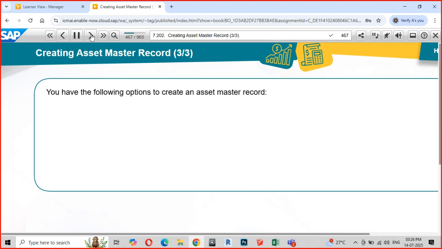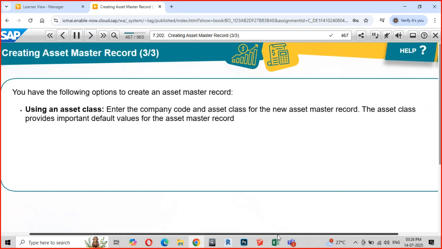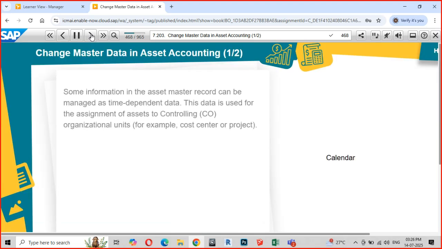It is advisable that you start reading these slides in your free time, so that you get accustomed to the terms. And this is the process of creating the master record. As I said, I do not see any requirement for you to create any data.